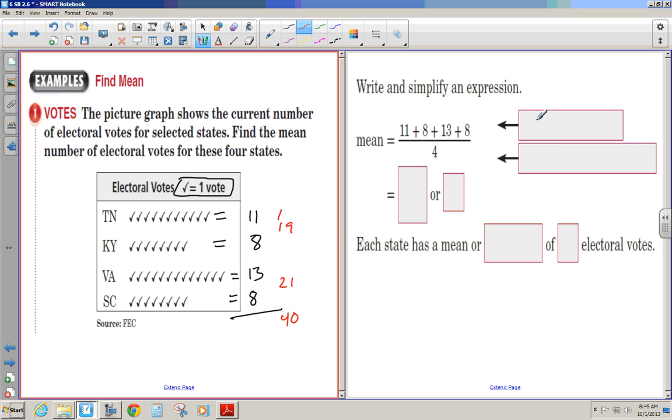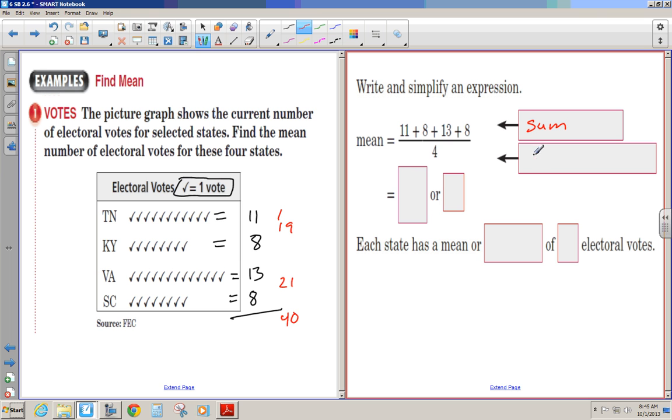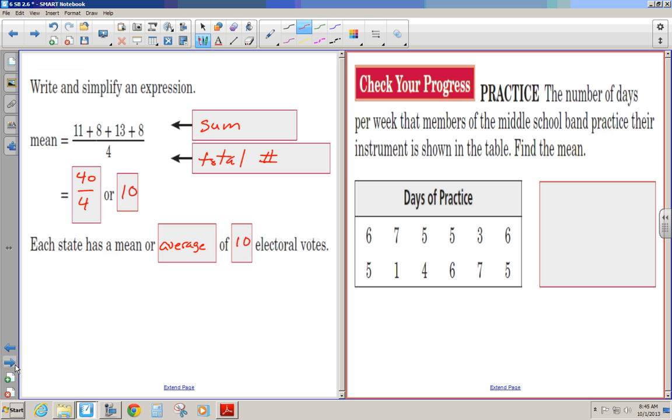So the sum divided by the total, that would be 40 over 4, or 10. So each state of those 4 has a mean or average of 10 electoral votes. So that's how this is set up.